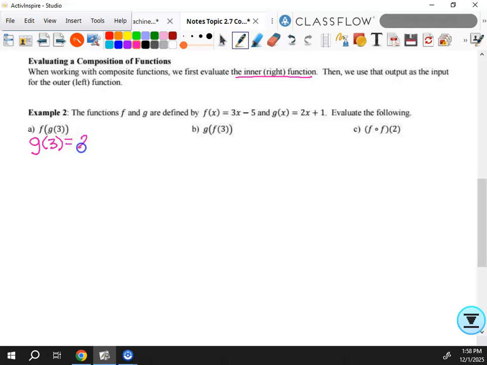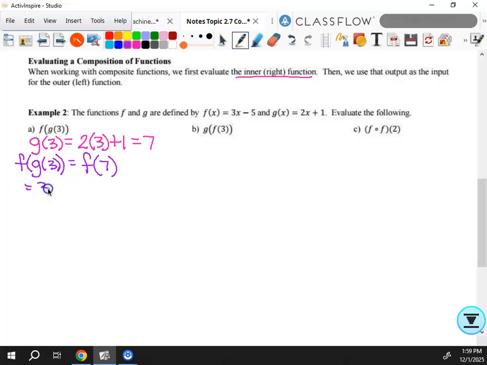So that's going to be 2 times 3 plus 1. That's 7. Then I'm going to find f of g of 3, which means I want f of 7. Right?